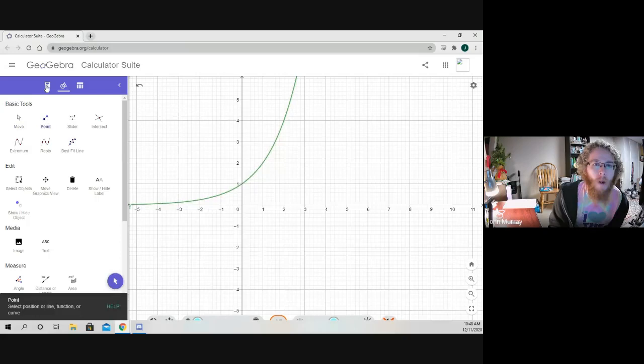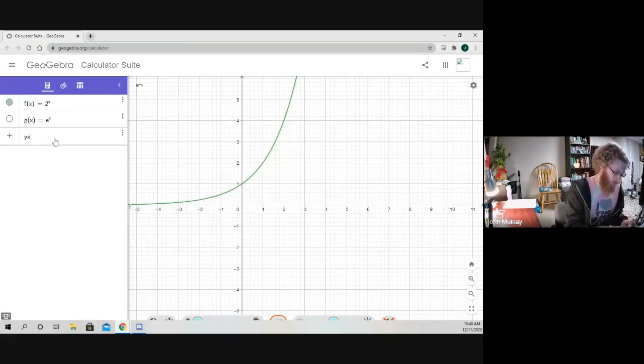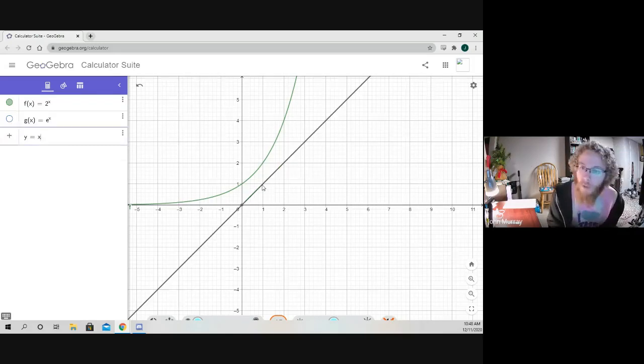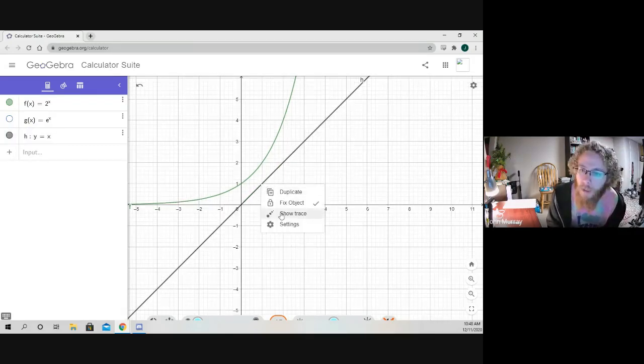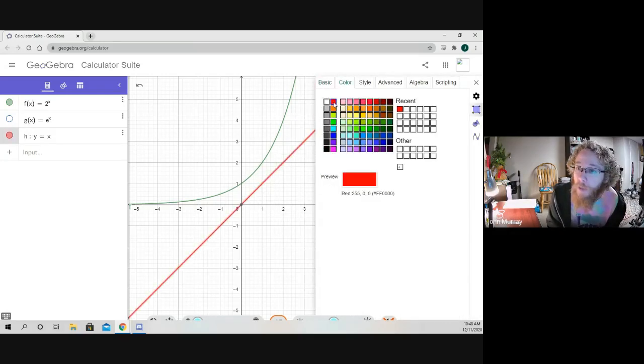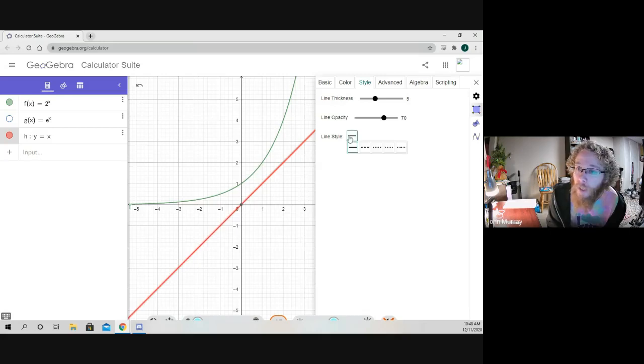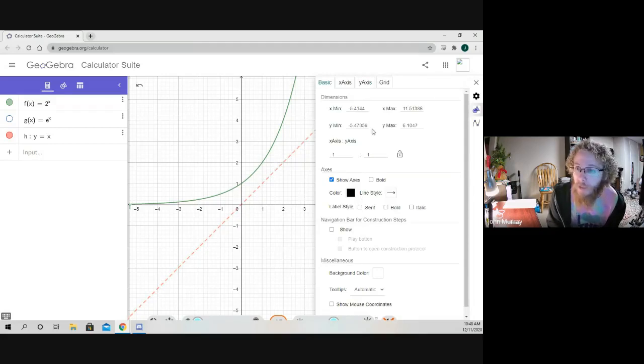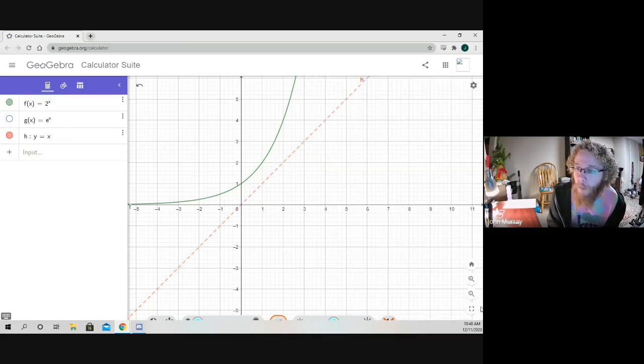So let's plot the reflection line. Okay, so here's our reflection line. Let's make it red. Let's make it dotted. Yeah, that looks good. All right, so there's our reflection line.